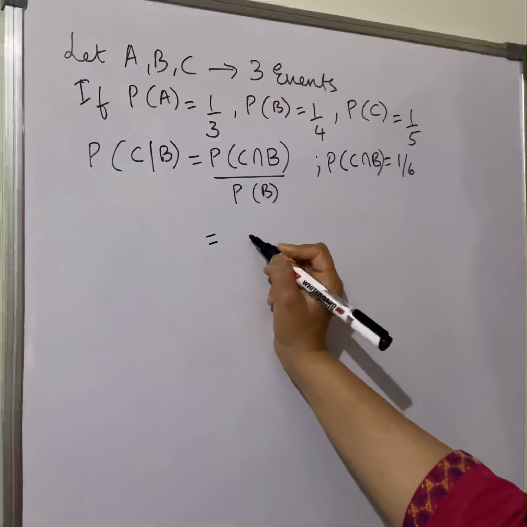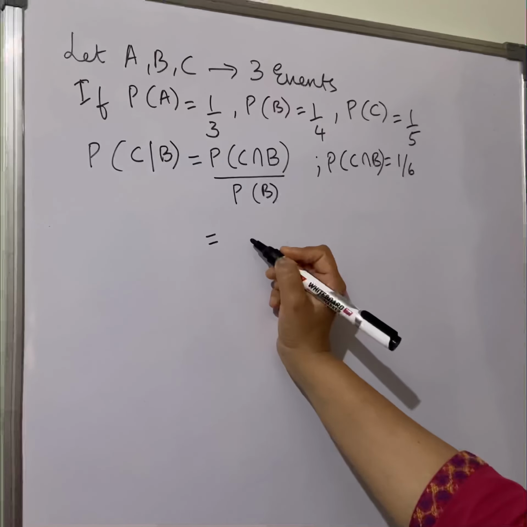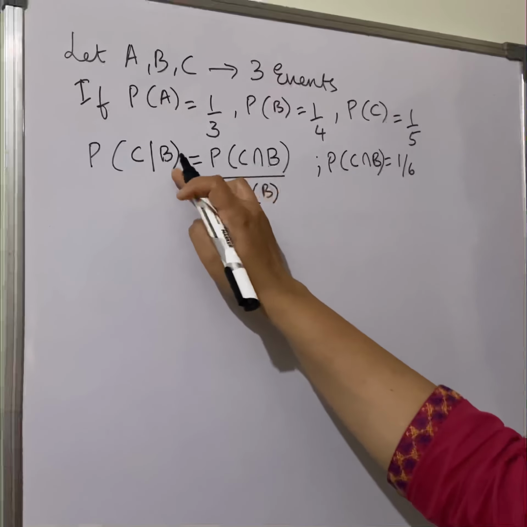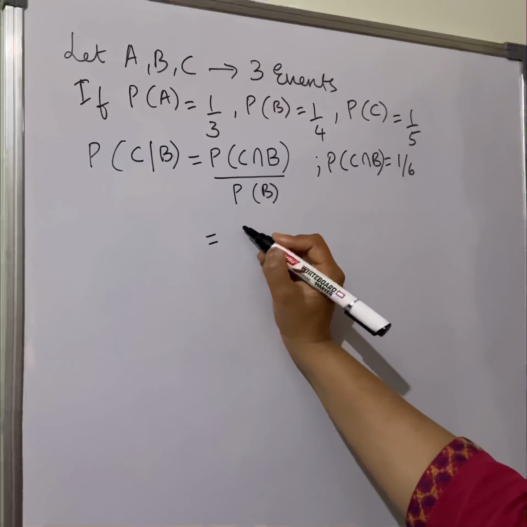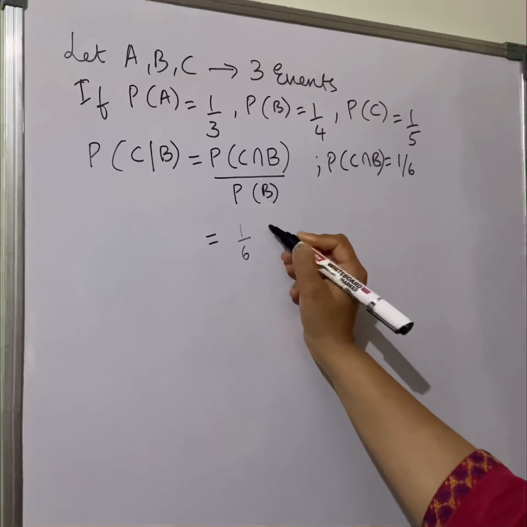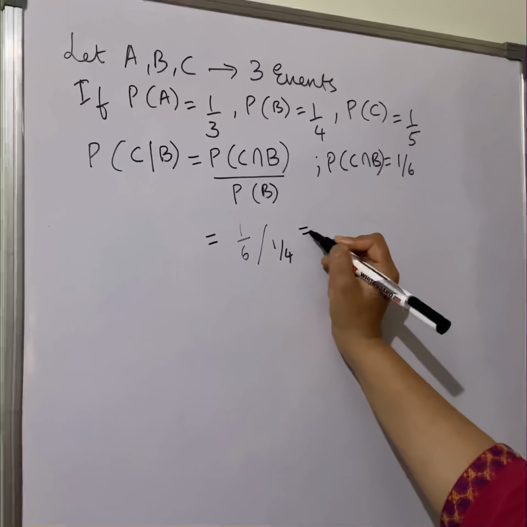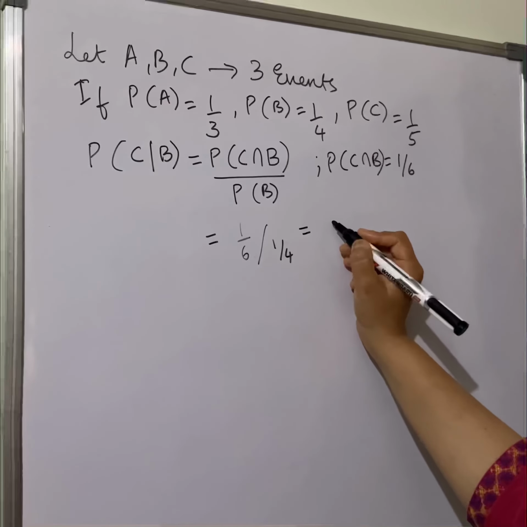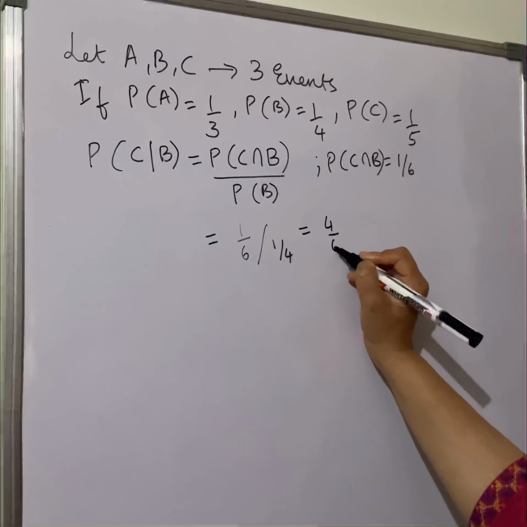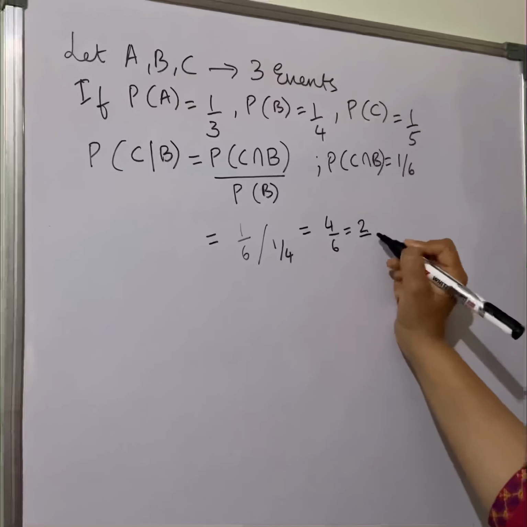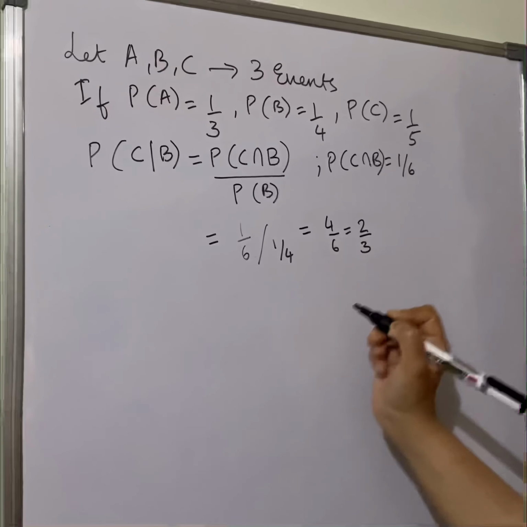So, we have probability of C given that B happened is 1 by 6 divided by 1 by 4, that is 4 by 6, that is 2 by 3.